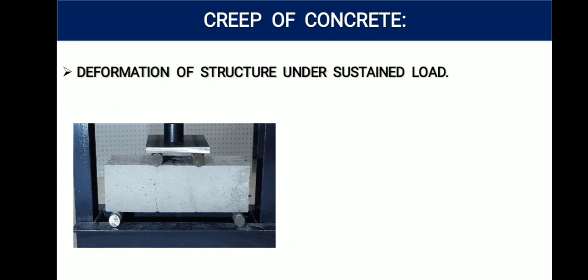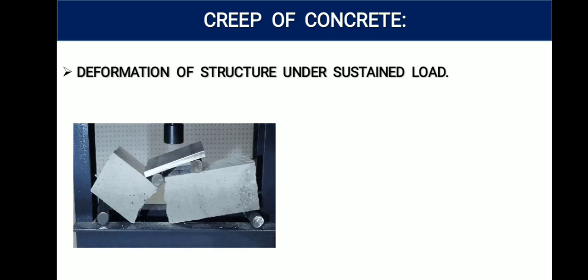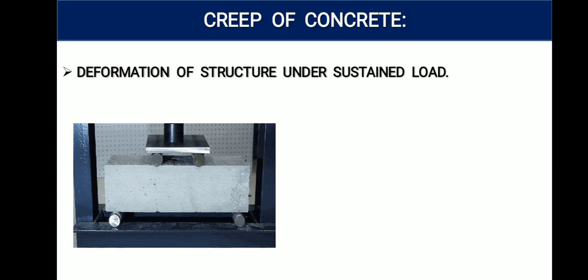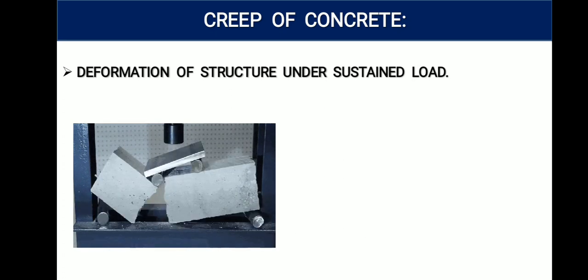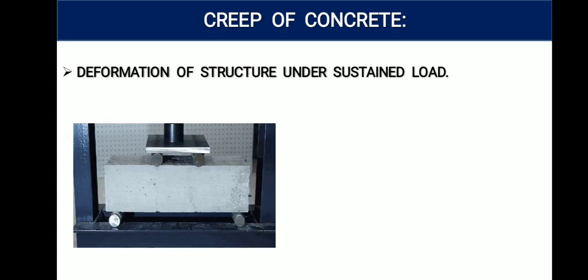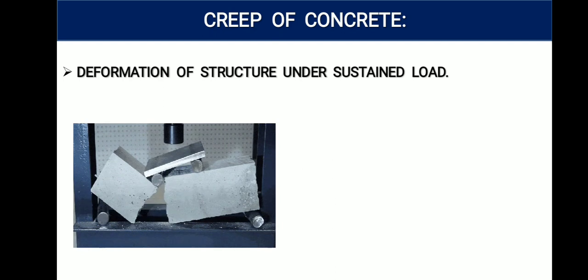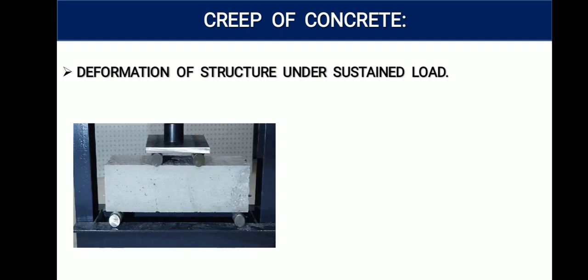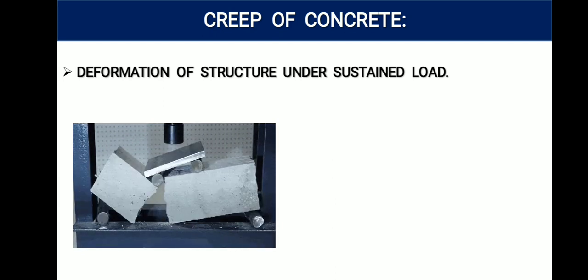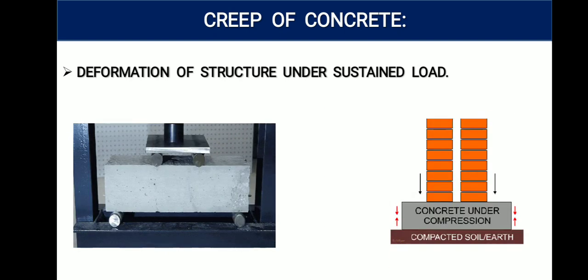In this video, as you can see, if much load is applied, the concrete gets a little bent, starts developing cracks, the cracks increase, and finally the concrete fails and breaks. So it starts getting deformed under sustained load, for example, a concrete column getting more and more compressed, or a beam getting bent.